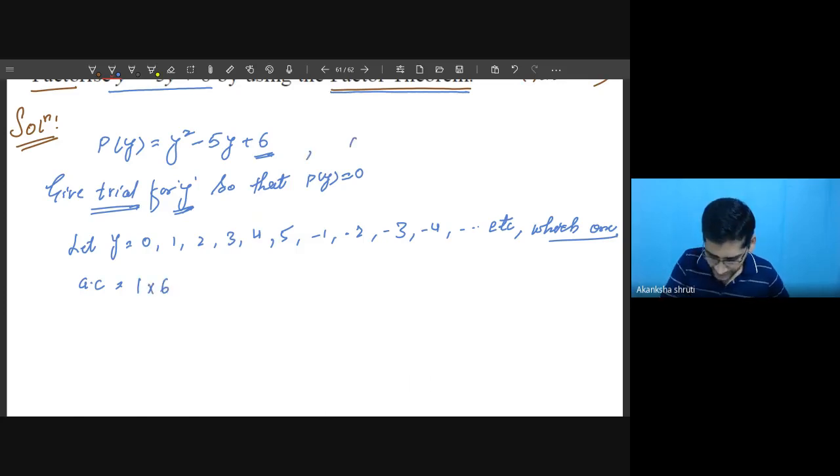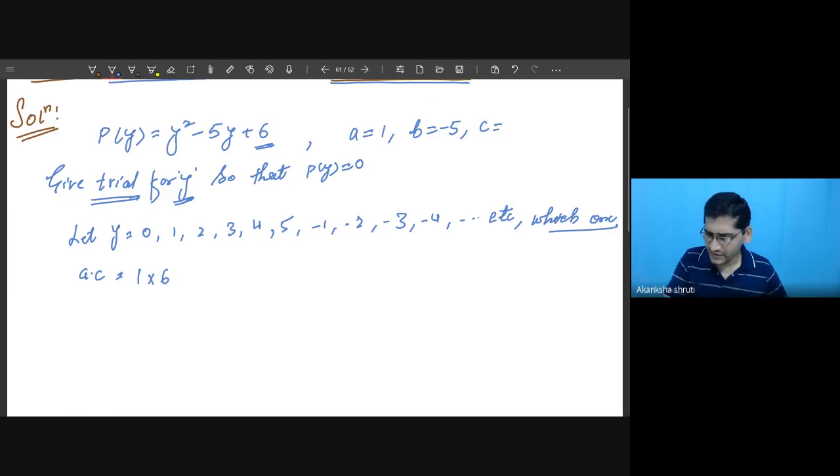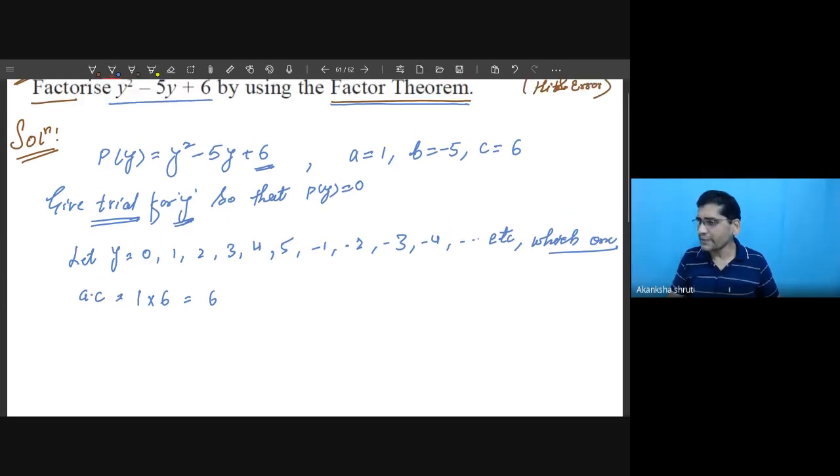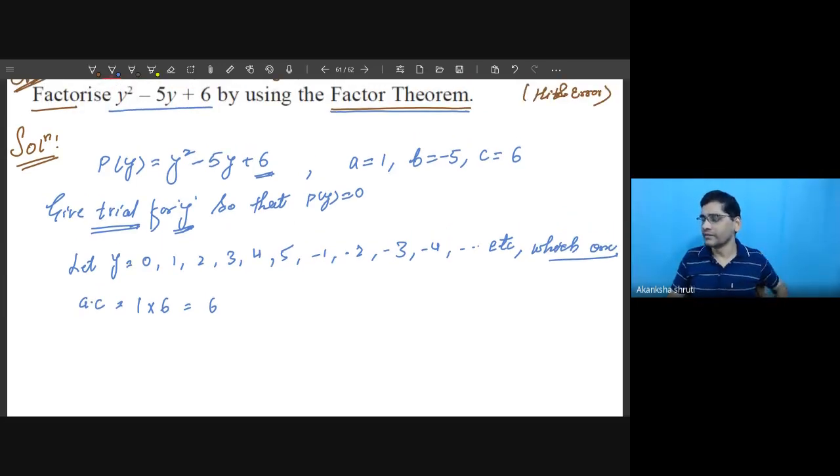Student, I hope you are getting it. Comparing this quadratic polynomial with the standard one, here we get a equals 1, b equals -5, c equals 6. So a into c becomes 6. Now student, you have to choose the possible factors of this 6.